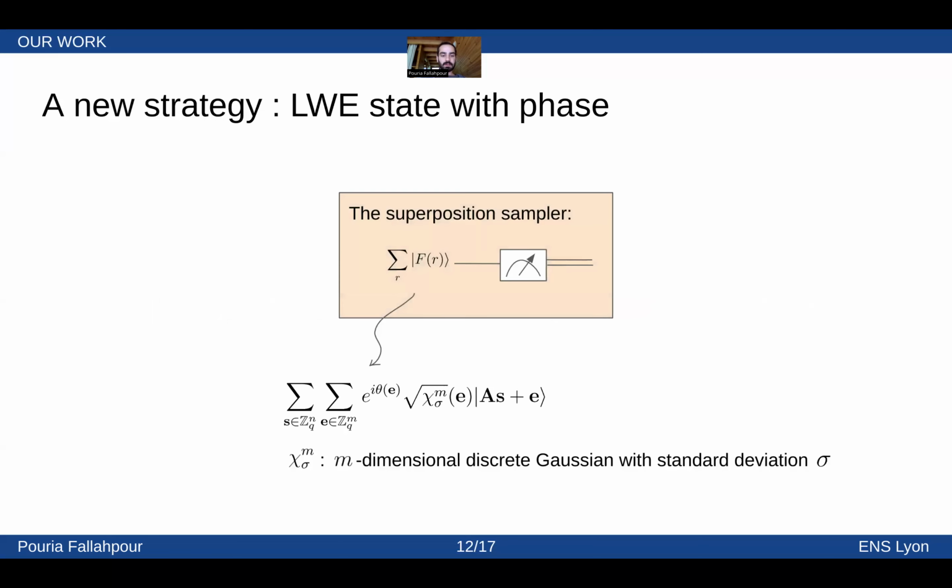We observed that it suffices to build a quantum state that is not exactly equal to the LWE state, but is equal to the LWE state up to some local phases. If you measure this LWE state with phases, you'll end up with the same outcome distribution, because the phases do not affect the outcome distribution. But the question is, do they really help to improve the success probability of the distinguisher?